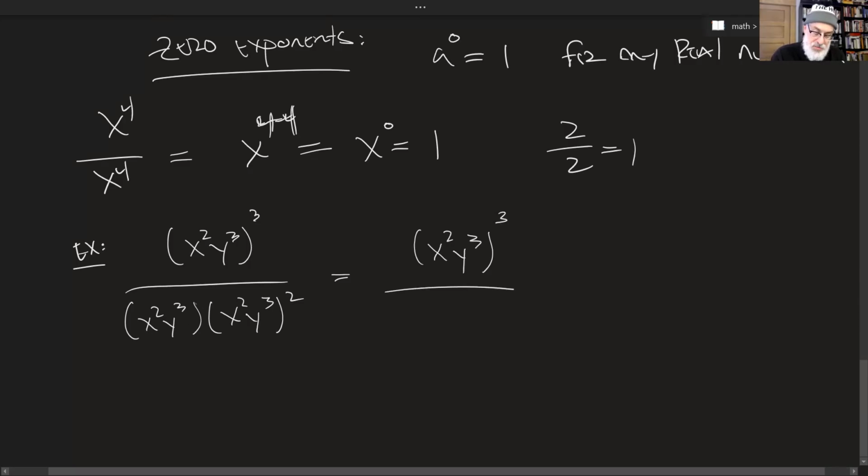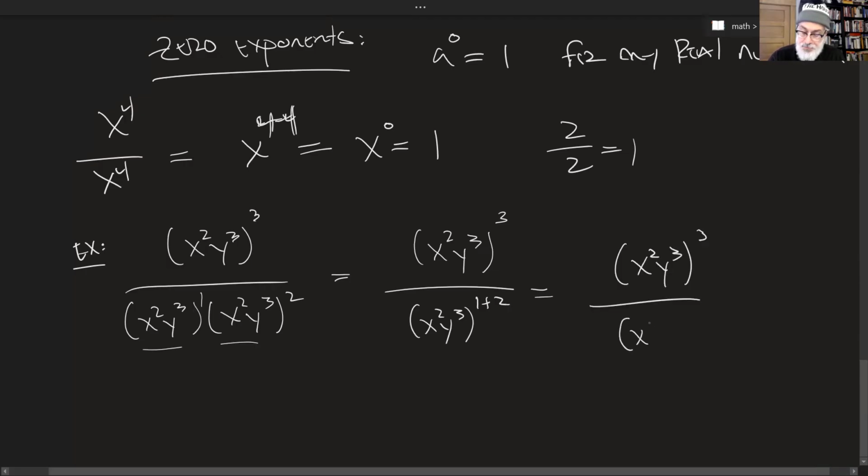And let's look at this. Remember, we assume there's a 1 there. And so I have a product of something in the parentheses. They're the same, so the base is the same. So that means that we take x squared and y to the third, and we add the exponents. And then we have x and y to the third.